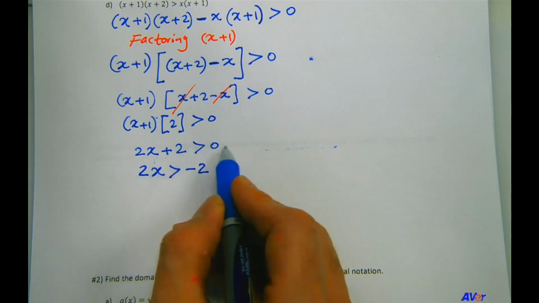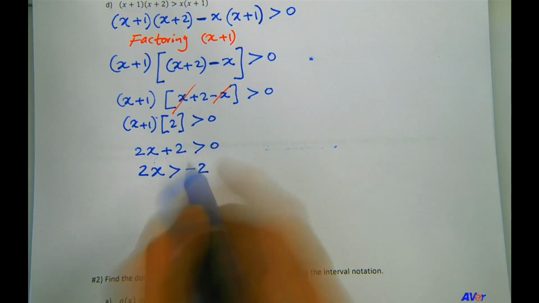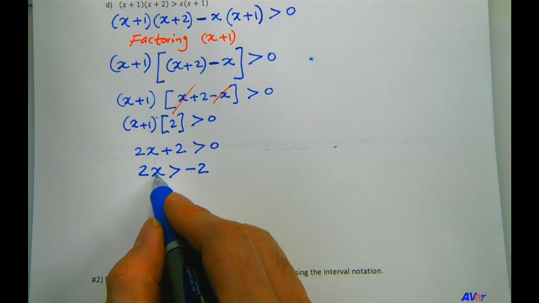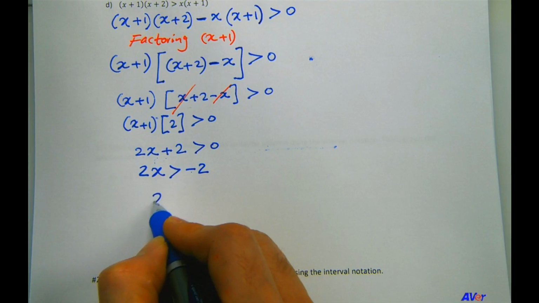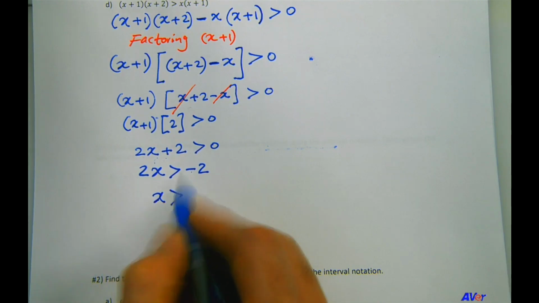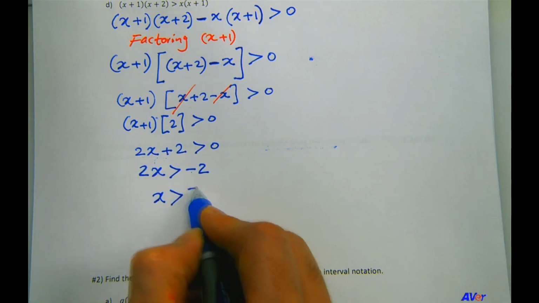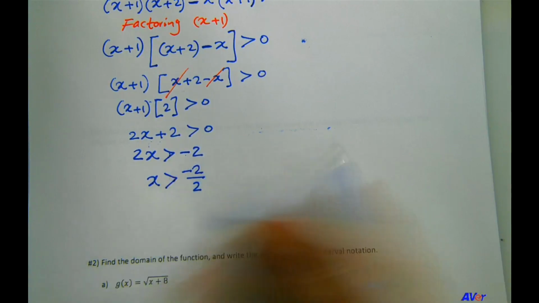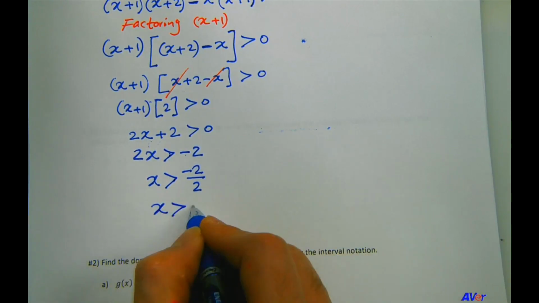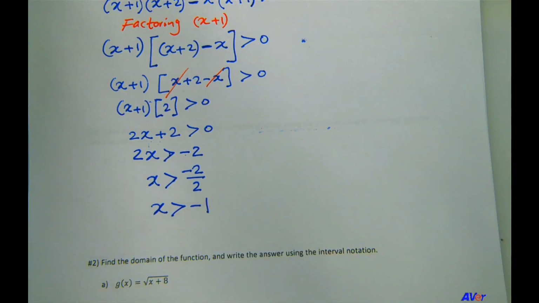When I moved it to the right, it became negative. And now x has to be isolated. It's got a 2 next to it, so we're dividing both sides by positive 2. Because we're dividing both sides by a positive number, minus 2 divided by 2, the direction of the inequality does not change. It stays the same. So x greater than negative 1.